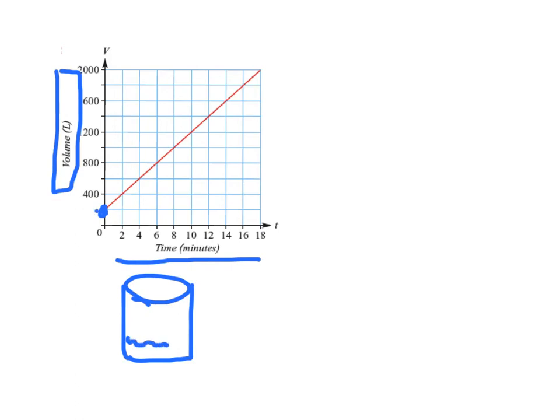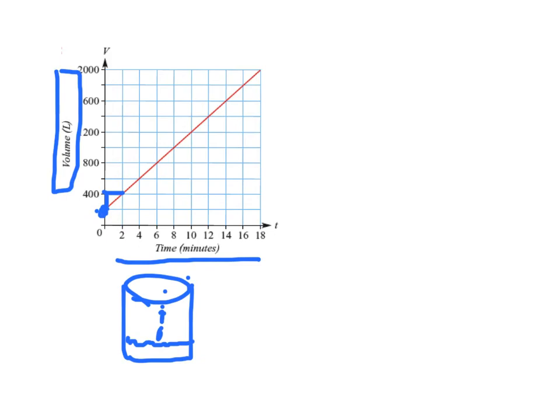So maybe that was right down here. It had 200 liters in the tank, and then water is pouring into this tank, and it's filling up at a rate. So let's calculate what that rate would be. After 2 minutes, we have 400 liters.